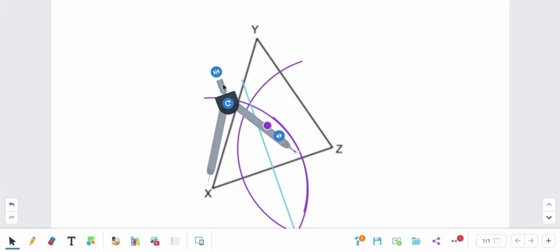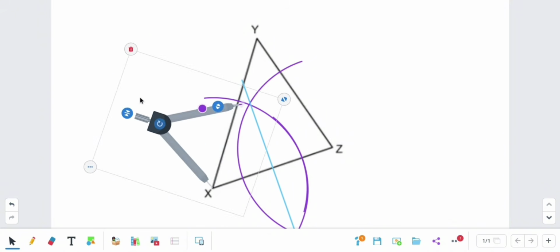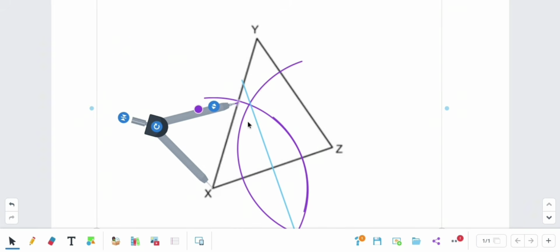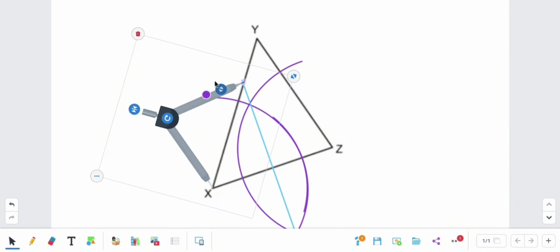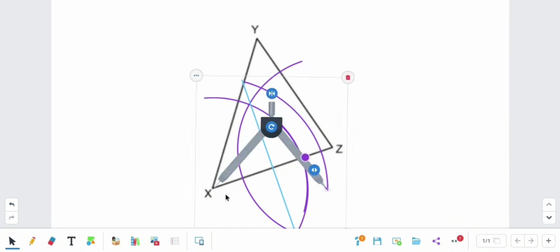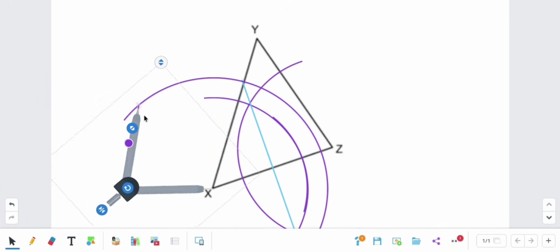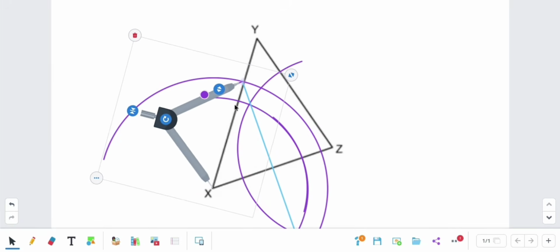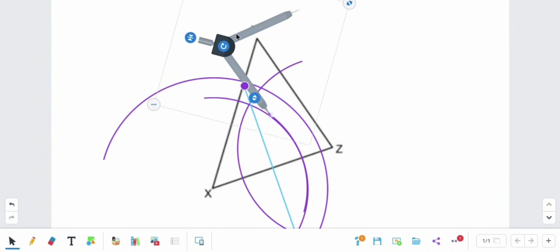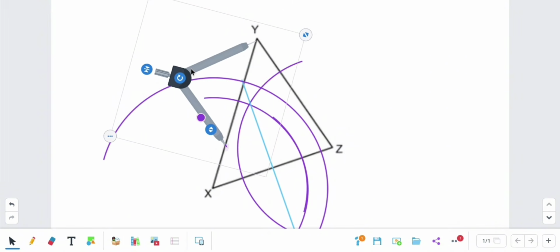I have my compass. I'm going to stretch it out greater than half the distance, right? I'm going to draw my first arc. Okay, and then I'm going to place it again. I'm going to flip it and do the same thing on my other point right here.